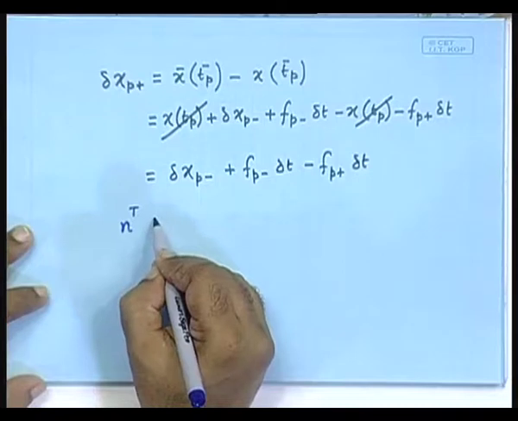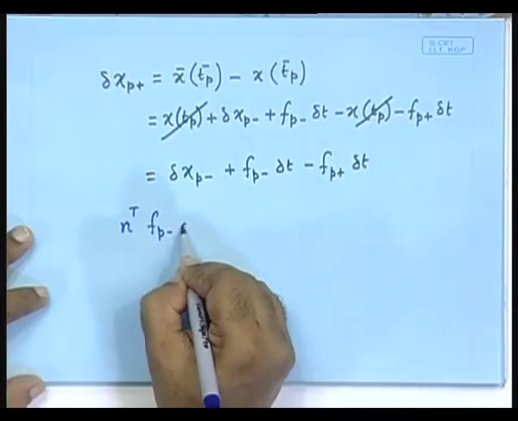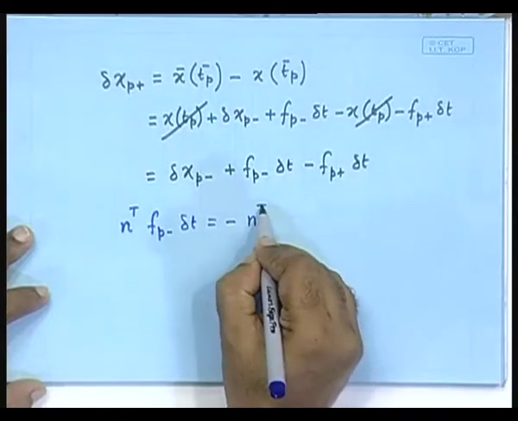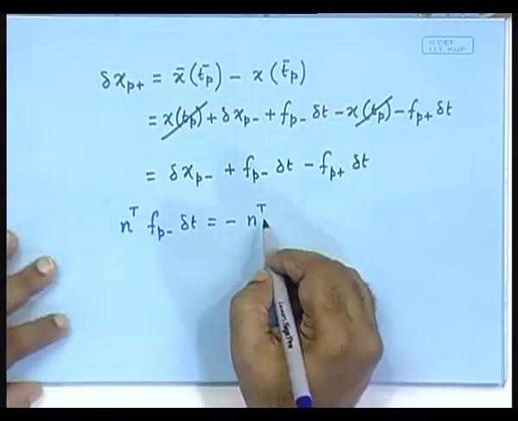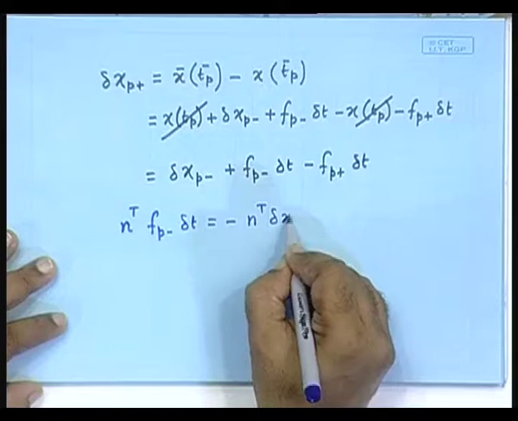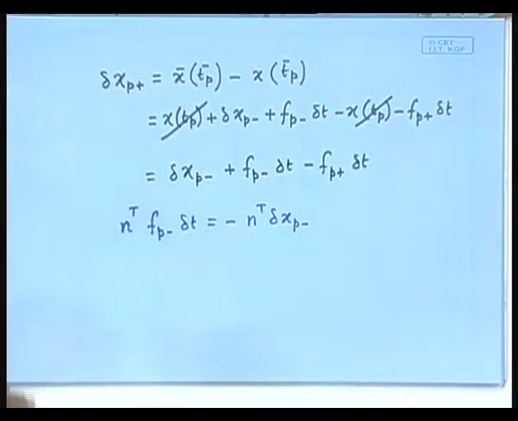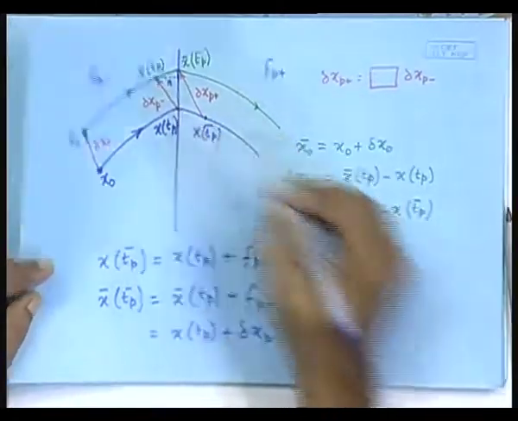This times f p minus delta t is equal to minus n transpose delta x p minus, okay, delta x p minus.